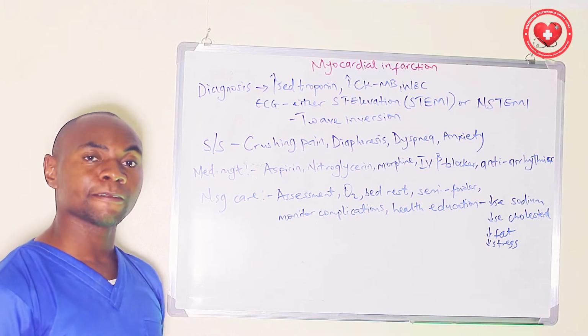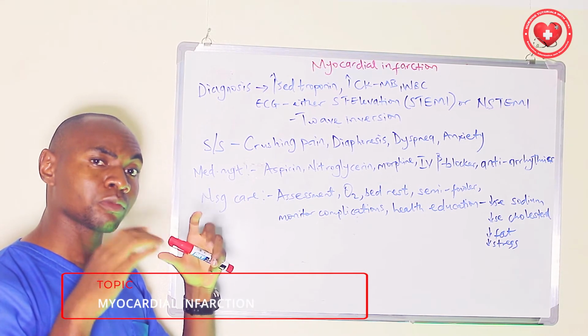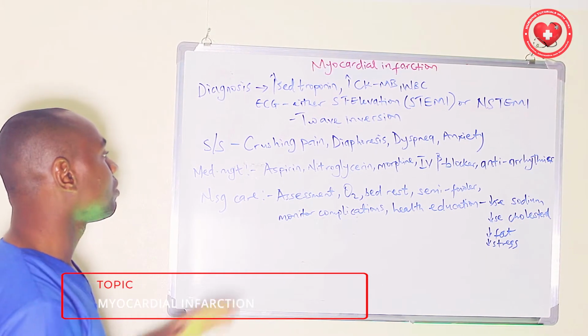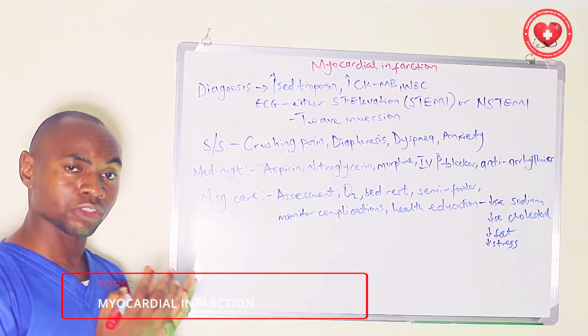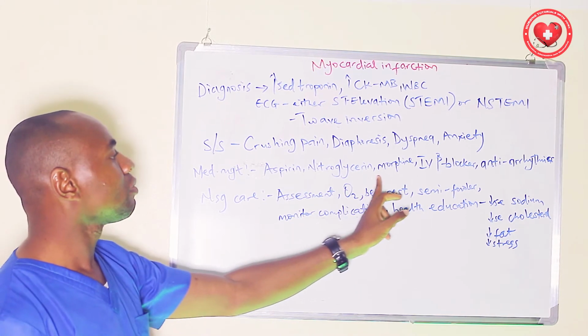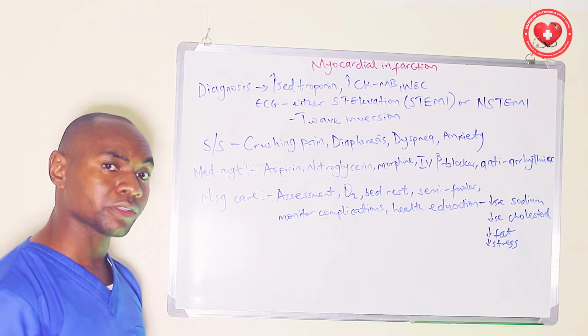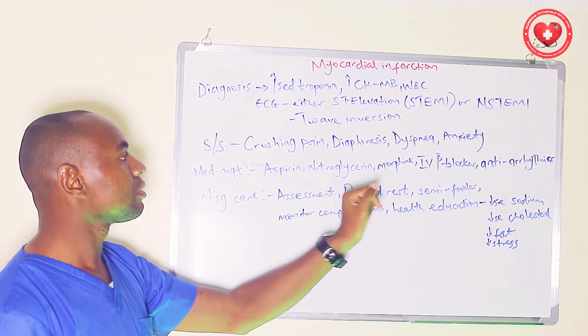Aspirin, on the other hand, dissolves the agglutination, or aggregation, of platelets, that is, the clot that has been formed. Also, morphine is given as the analgesic of choice. It's an opioid analgesic, and it's needed for this condition.